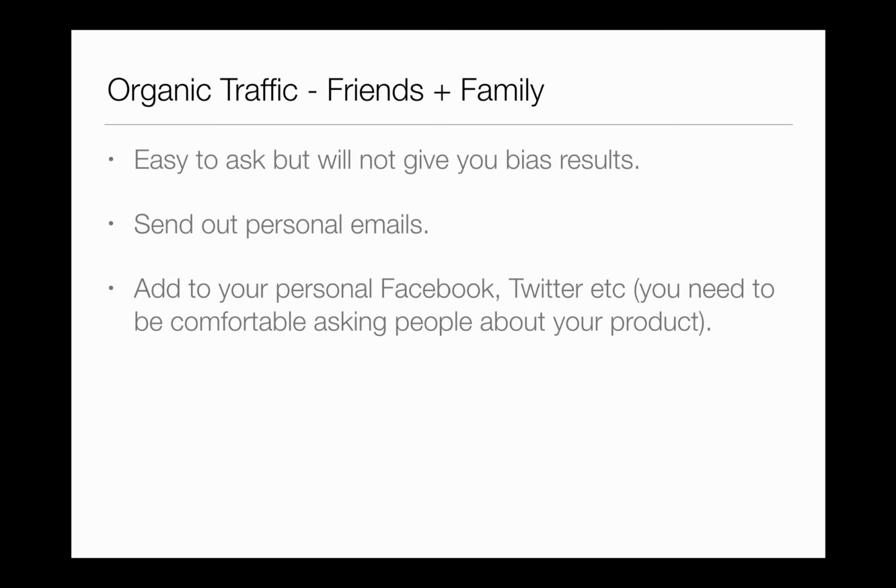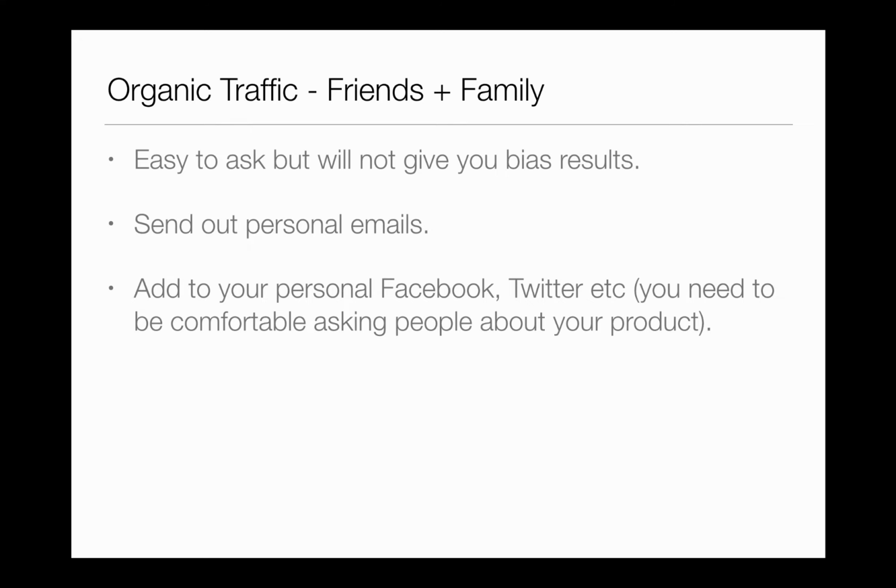Organic traffic usually takes a lot longer to generate and is a little bit slower, but a few low-hanging fruit or easy ways to generate free traffic is obviously ask friends and family. You might get some skewed results here, but it's a great place to start. Cold emails: send out personal emails to people in that niche, people who are part of organizations that might have this problem.